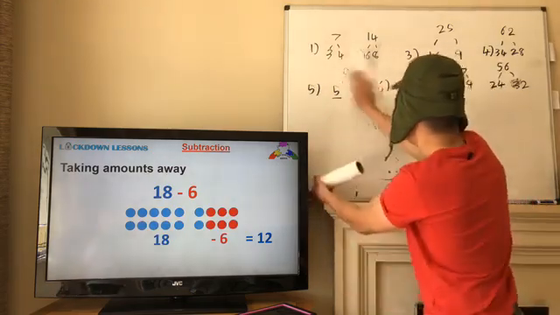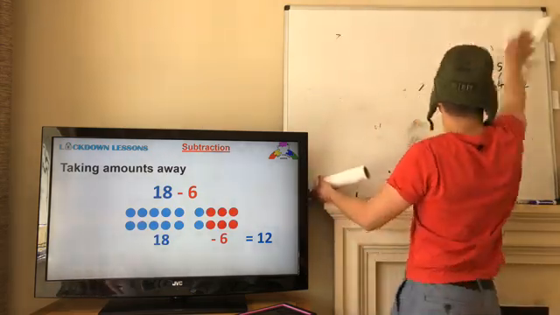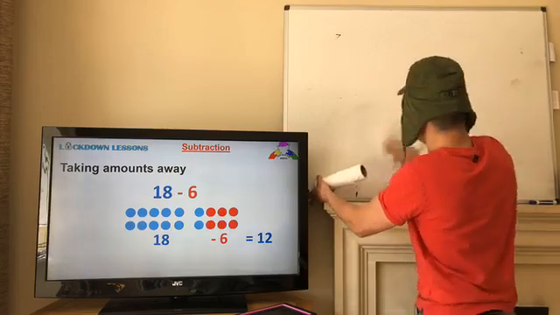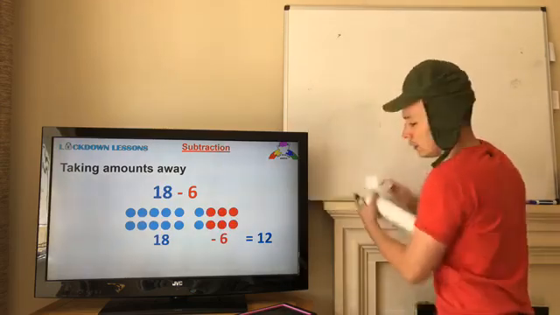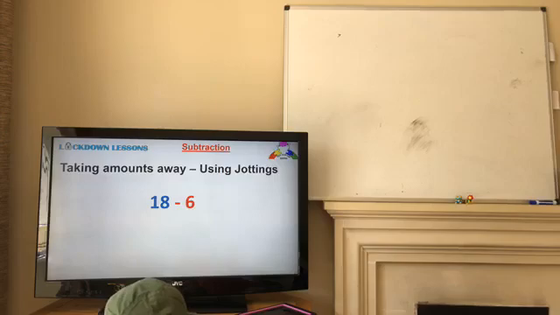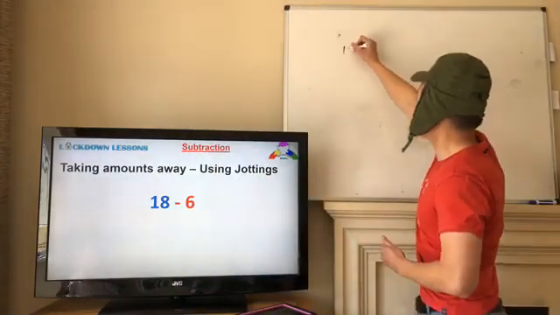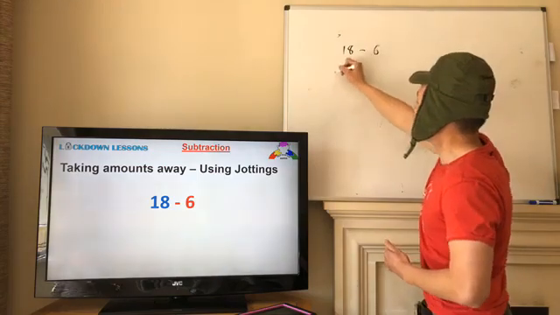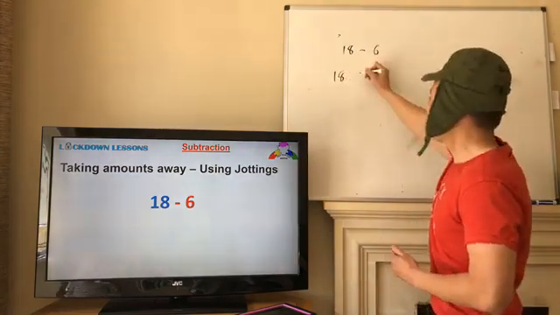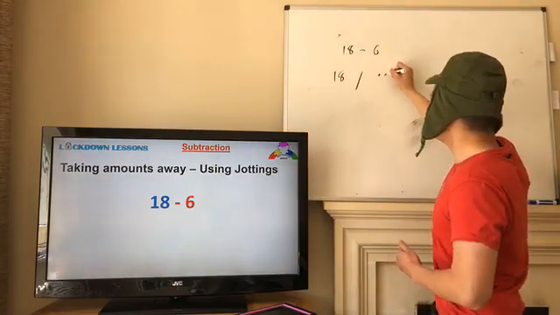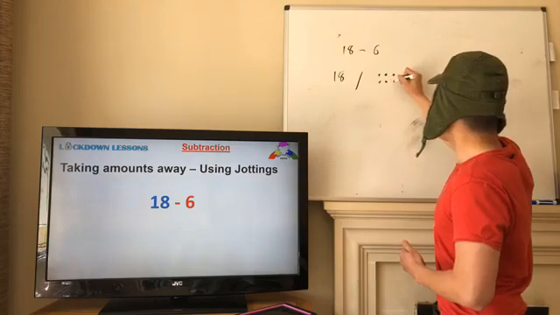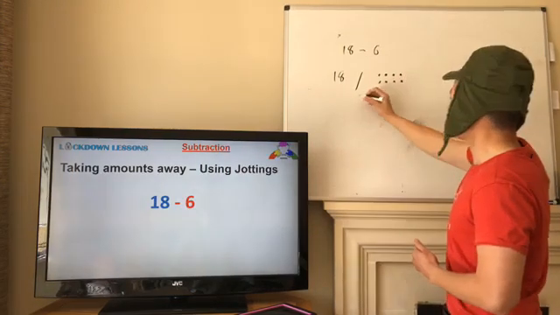So rather than doing it like that, we could use jottings to do 18. So we're doing 18 minus 6. We'd write our 18 down there, which is 1 ten and 8 units, 8 ones. So that's our 18.